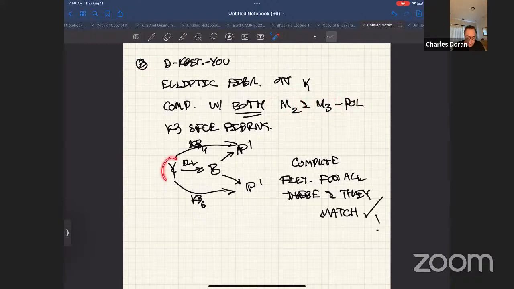So in other words, Y is elliptically fibered over a surface B. B admits projections, maps down to 2 P1s, and the composition is fibered by a K3 of M2 type there and a K3 of M3 type there. Okay, and then you compute the filtrations for all of these, and they match. So I'll finish there, right on time.